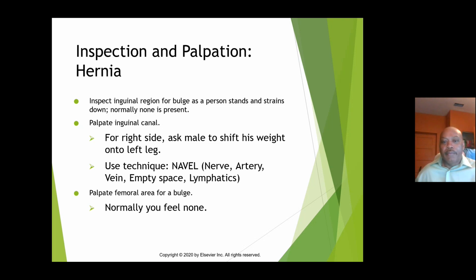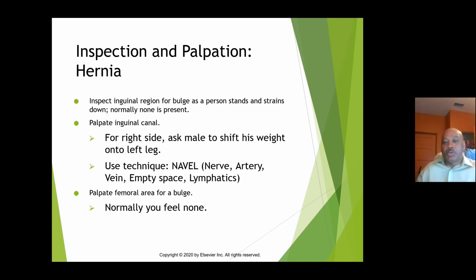So in other words, we locate the femoral artery pulse with the index finger. Then there's the empty space. The empty space will be under the fourth finger. Then we ask the man to bear down and palpate the femoral area for that bulge, which could be that hernia. Normally, you feel nothing.